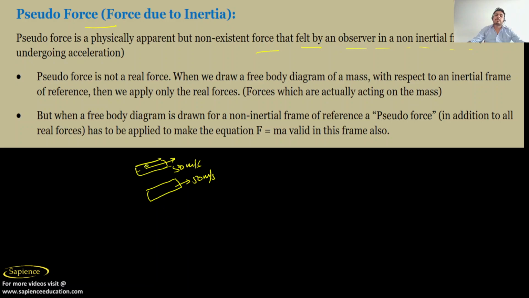Both are moving, but when you are sitting in train A and you are watching train B, it will appear at rest. Because of the frame of reference, because of relative motion.